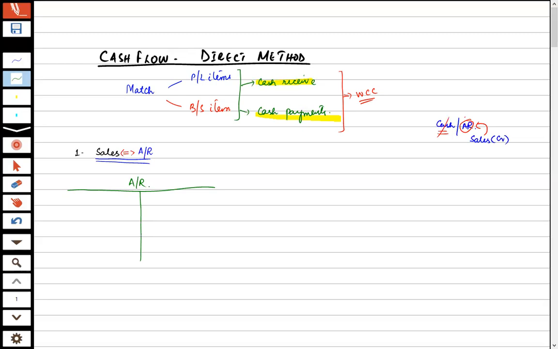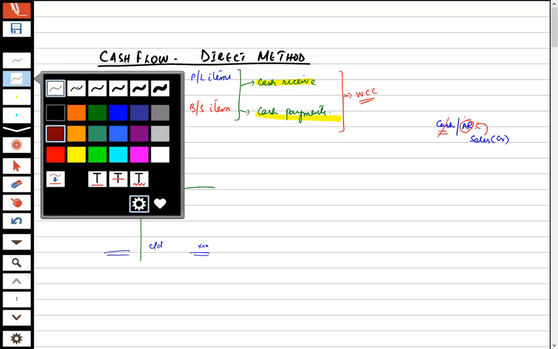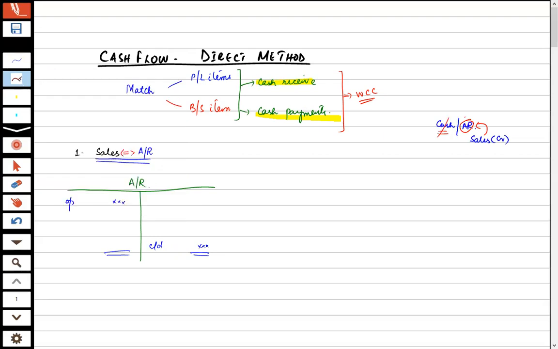We will be making the accounts receivable T account, and as you know, if it is an asset, the opening will be written here, and the closing amount will be written here. Fine. Then if sales are made, the entry is accounts receivable debit and sales credit. It means that the T account will be debited with the amount of sales.